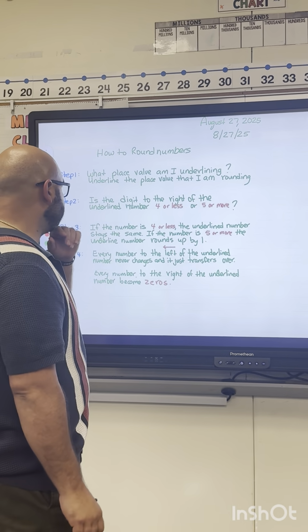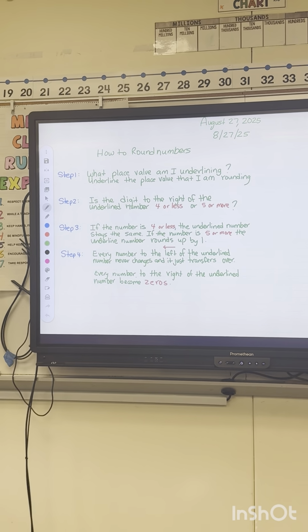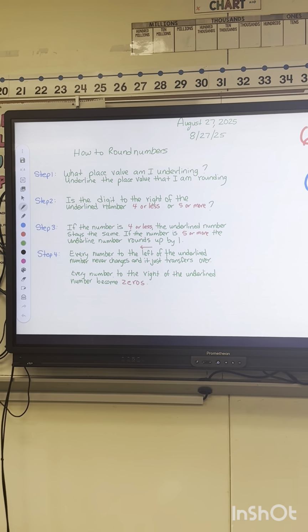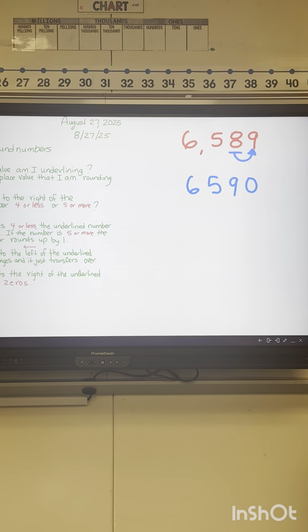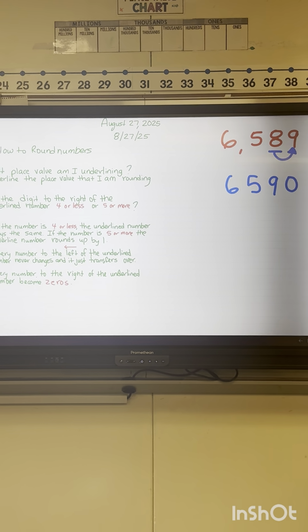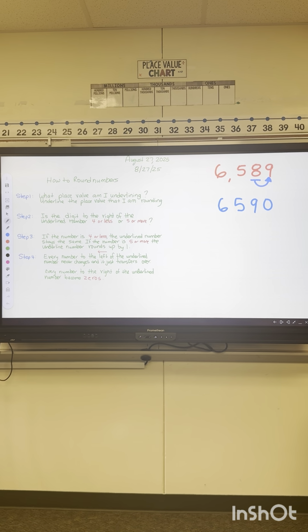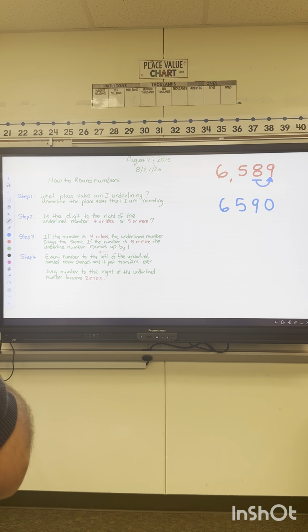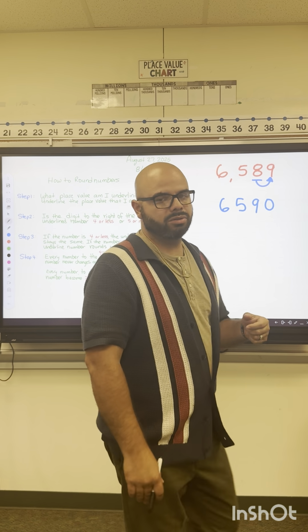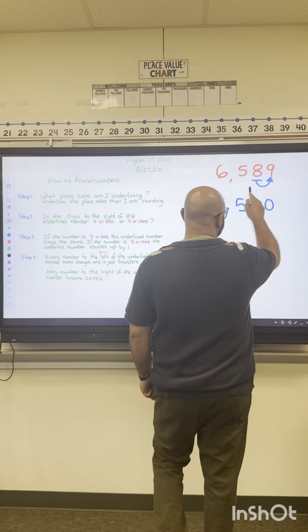So in this case, in my number here, 6,589. Okay, if they're telling me round to the nearest tens place, that is the number that I'm going to underline.